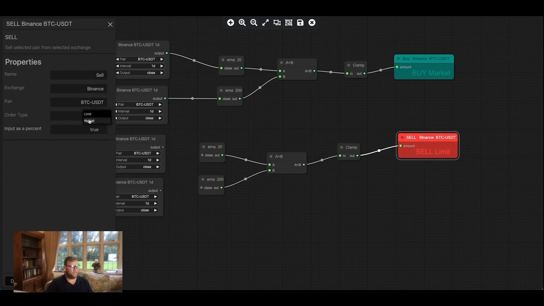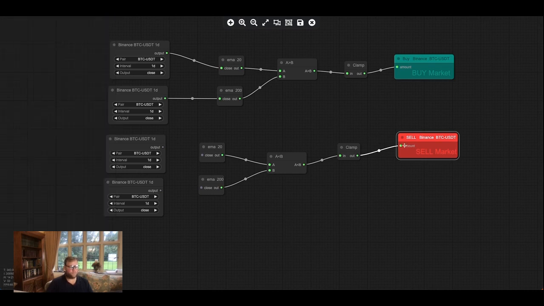We're going to set that as a market order and as a percentage. So that is the strategy. That's taken me all of a few minutes just to build that very simple strategy. That's just how easy this platform can be to use.